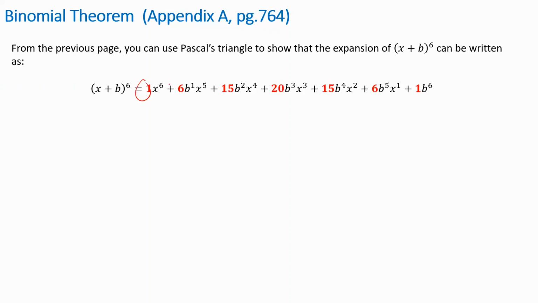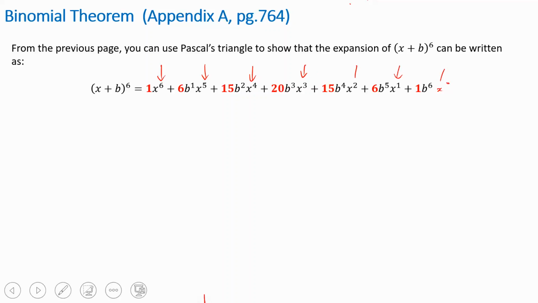You would have known it's 1, 6, 15, 20, 15, 6, 1. That's the pattern through Pascal's triangle. And in terms of your variables, it always made sense: x to the power 6, x to the power 5, x to the power 4, x to the power 3, x to the power 2, x to the power 1, and then x to the power 0.